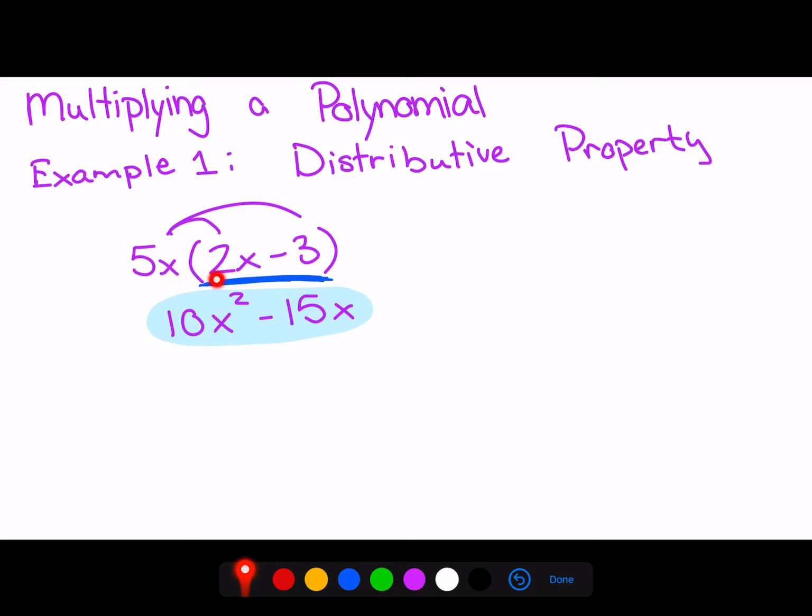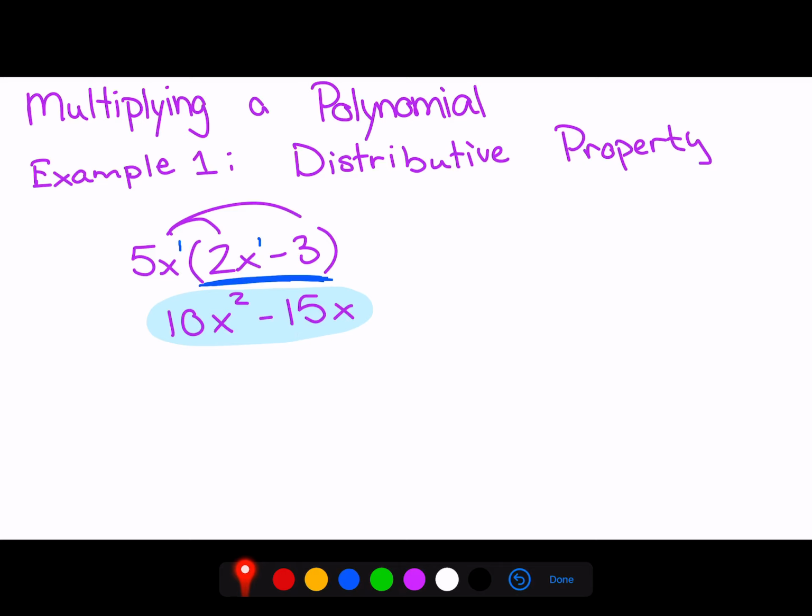So 5x times 2x, well, 5 times 2 gives me 10. X times x, again, this is x to the first power times x to the first power. Well, we learned earlier that if that's the case, I just add these because they're the same base, x and x. So that gives me x squared. 5x times -3, well, 5 times -3 is -15.